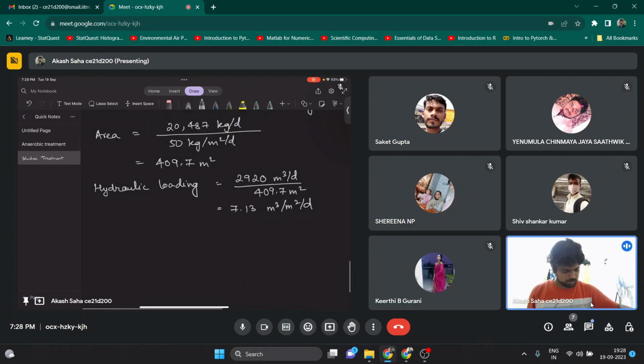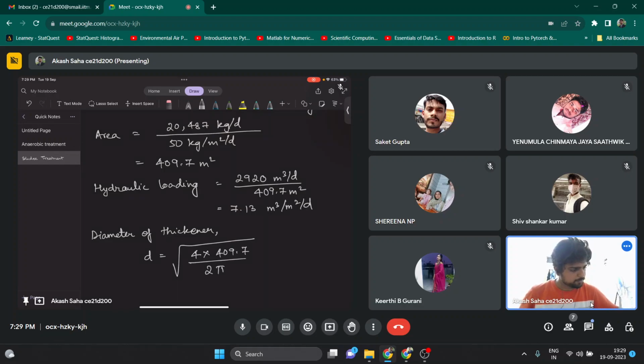So at last, once we know the area, we can find out the diameter, because most of these gravity thickeners are of circular cross section. So my diameter of the thickener will be D equal to root over 4 into the area, that is 409.7, divided by pi.